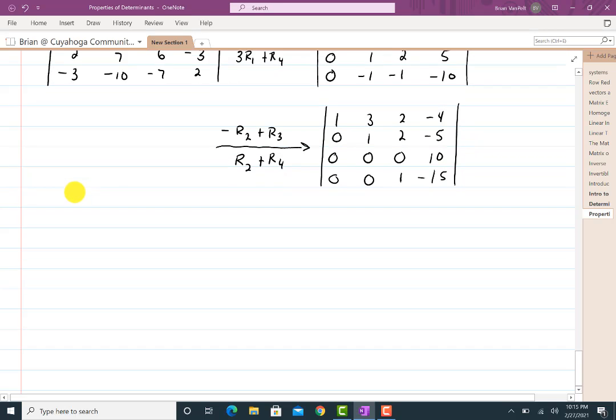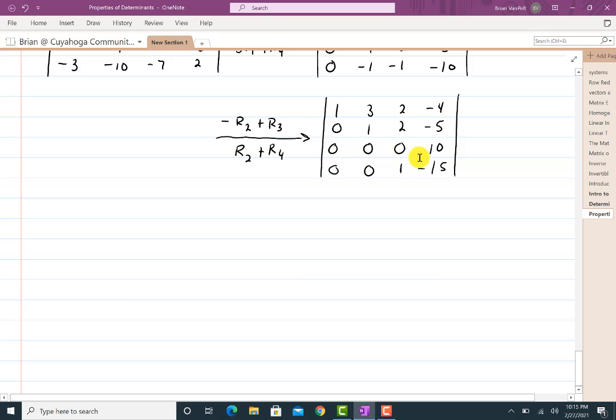And I can finish it off. It's almost where I want it. I want to swap these last 2 rows. So I'll do R3 swapped with R4. So don't forget there's a negative now in front of the matrix. Well, in front of the determinant.